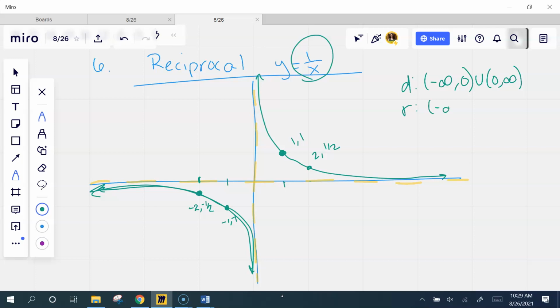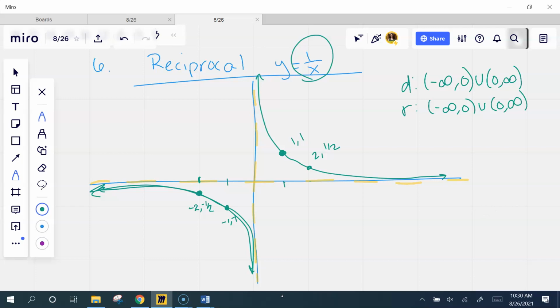Same thing. How about zeros? None. Maxes or mins? None. Is it continuous?